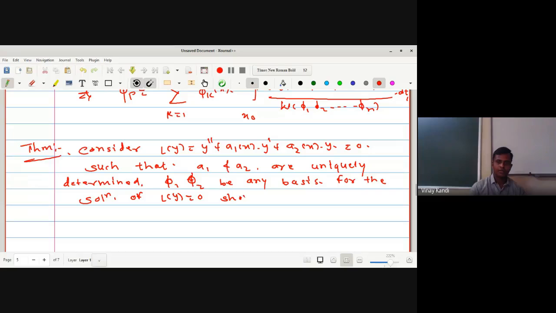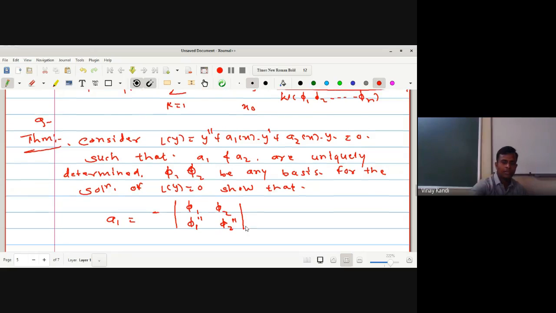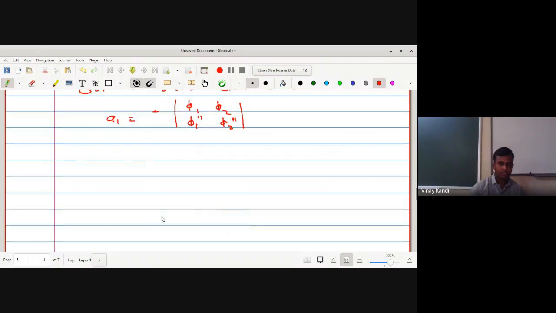Show that then — theorem म्हणा किंवा question म्हणा — a1 is equal to minus sign of determinant of phi 1, phi 2, phi 1 double dash, phi 2 double dash, upon Wronskian of phi 1, phi 2. So this is the value of a1 of x.